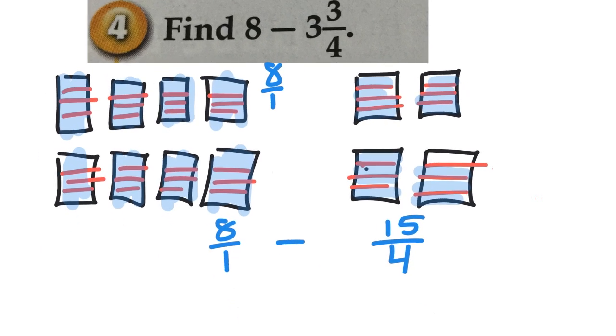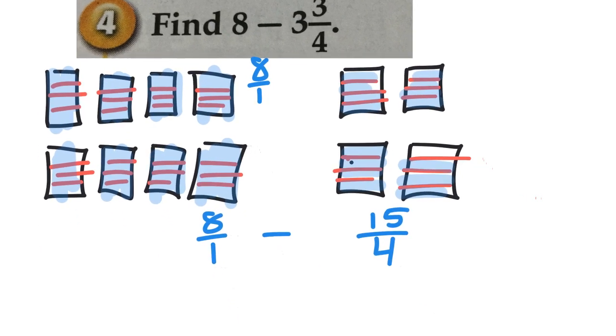So 8/1 is the same thing as 32/4. How did we get that? Well, we need a common denominator, so we multiplied by 4 on the top and bottom. 8 times 4 is 32. 4 times 1 is 4.